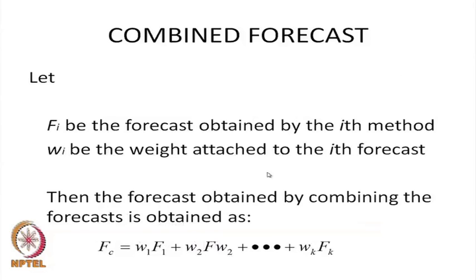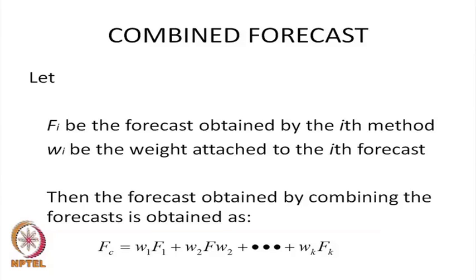Finally, we come to the case of when so many forecasting methods are available, which forecasting method to use. Now, this is a difficult task. There are once again many ways by which the different forecasts can be used to have the best possible forecast.